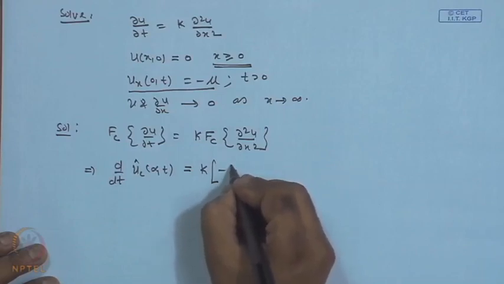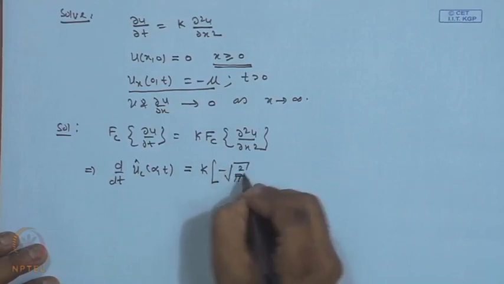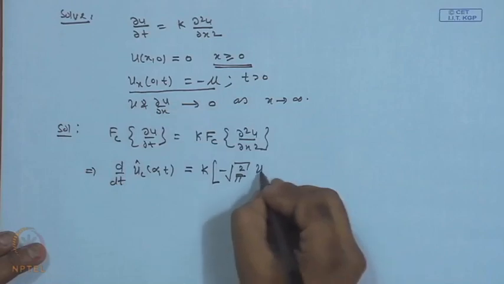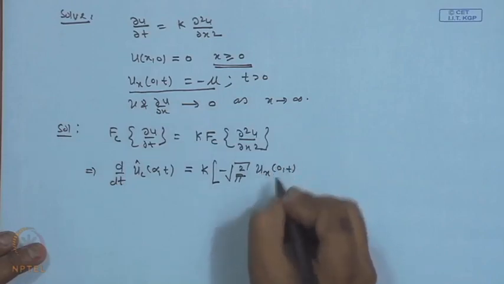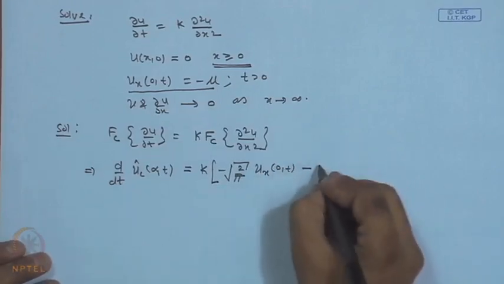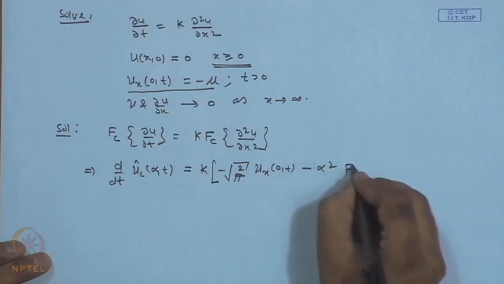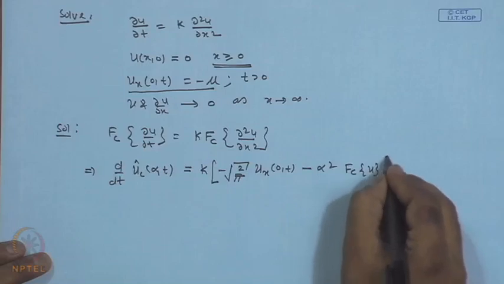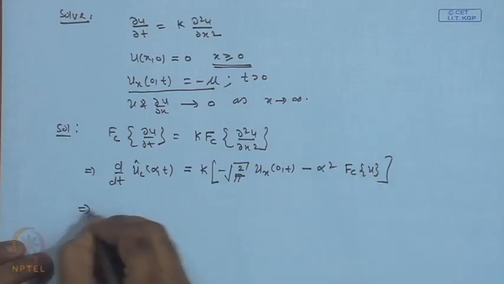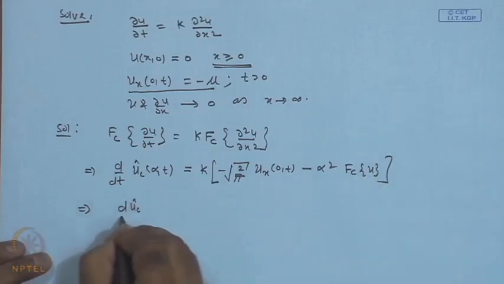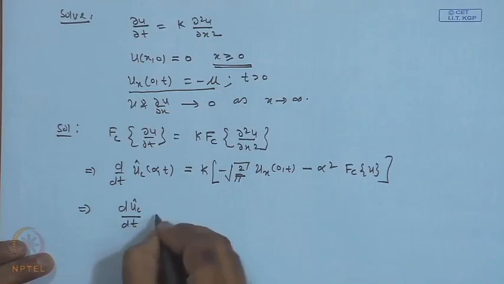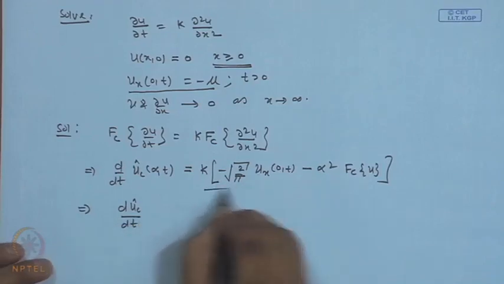So, by that formula we have square root 2 over pi, and u x at 0, t, and minus alpha square and Fourier cosine transform of u. So, we have d u hat c over dt, and this we will take.